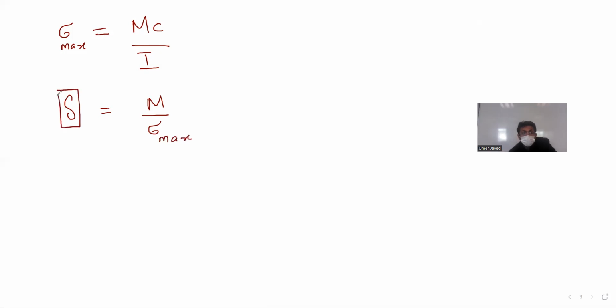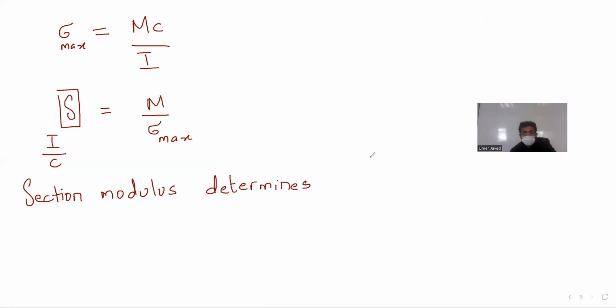So you can compare: I over C equal to M over sigma. So this section modulus determines how much material is spread away from the neutral axis.